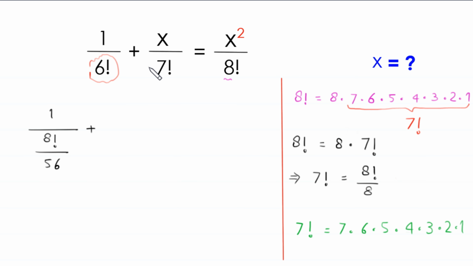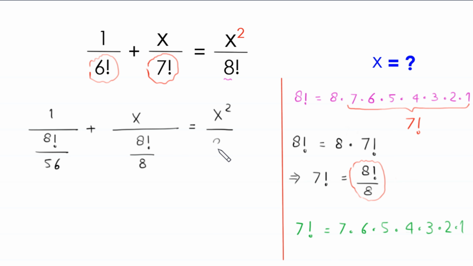So in this equation we replace this 7 factorial with 8 factorial over 8. So this will become x divided by 8 factorial over 8 is equal to x squared over 8 factorial.